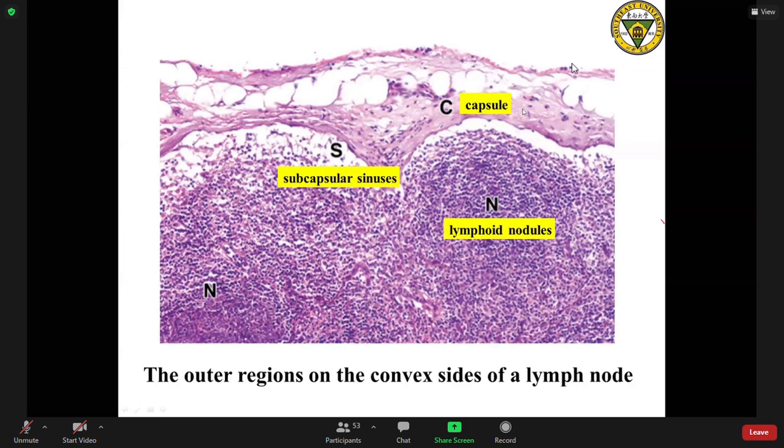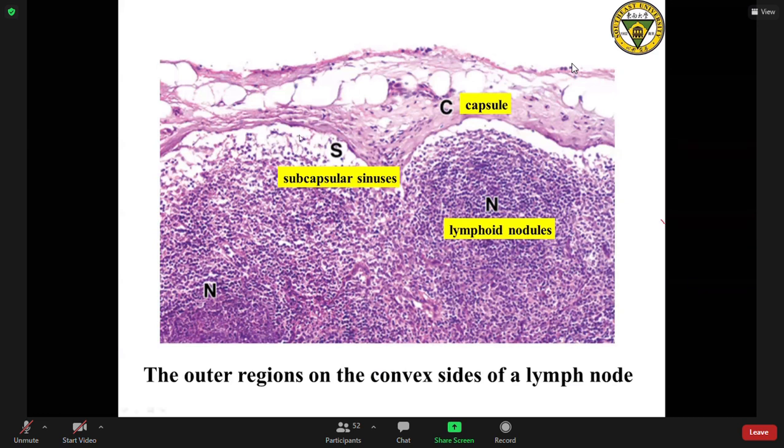Here you can also see the capsule, and connective tissue from the capsule. Here is the subcapsular sinus. It's an empty cavity. The subcapsular sinus is very important. When there is some antigen, or with a malignant tumor, the tumor cells metastasize through the lymph node.